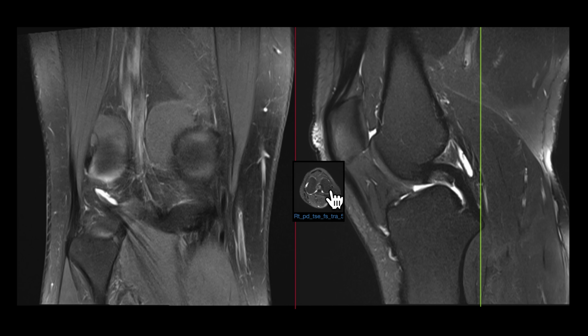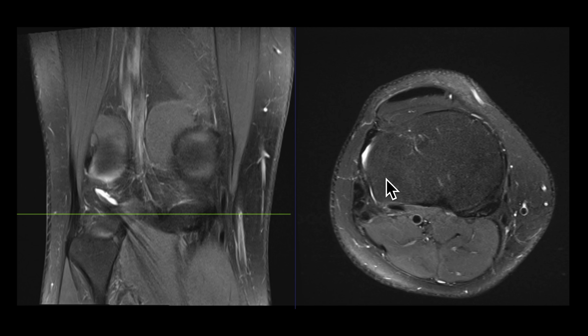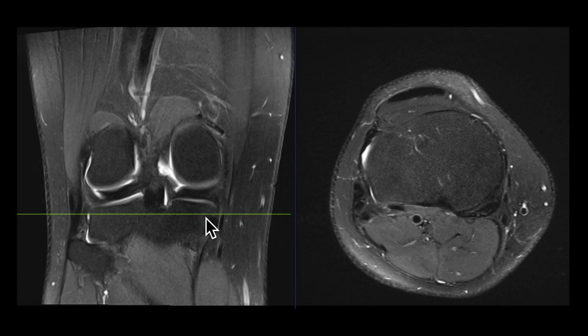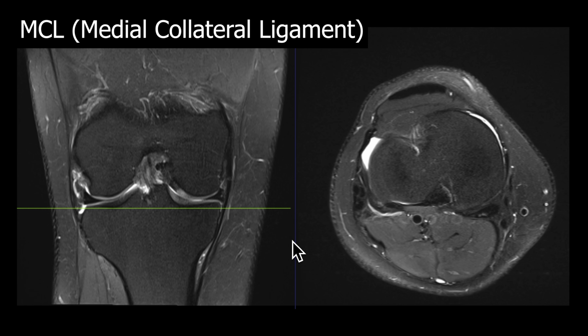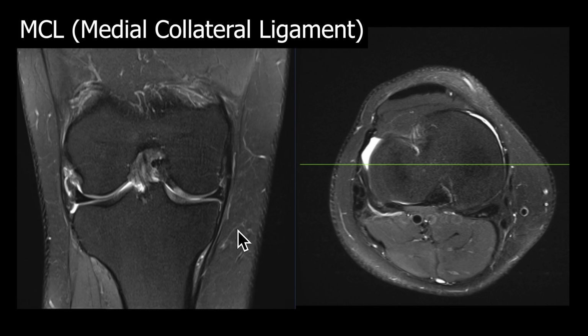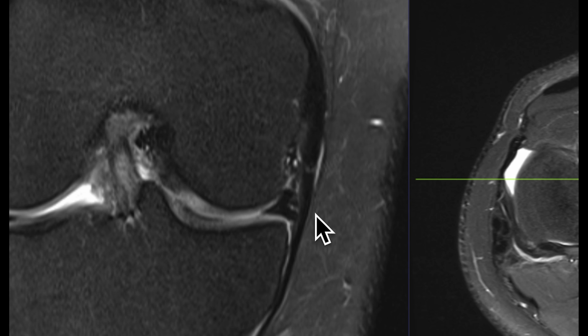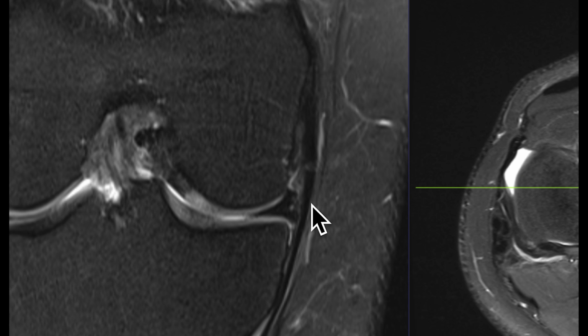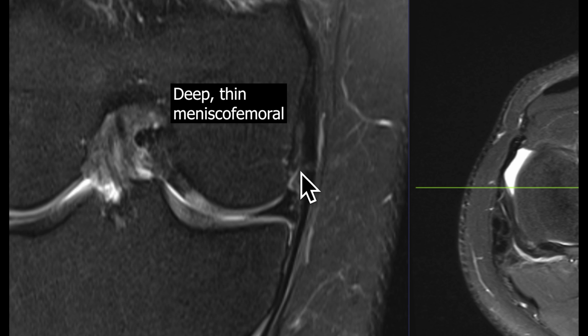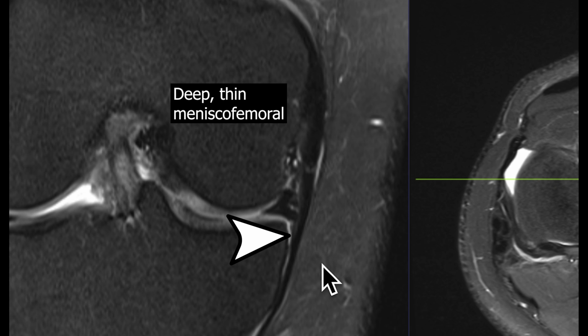Okay, so let's now move on to think about the collateral ligaments. On the medial side of the knee, we have the medial collateral ligament. This is formed of a deep, thin meniscofemoral component which extends from the femur to the meniscus, and a meniscotibial component which is this thin structure here extending from the meniscus to the tibia.